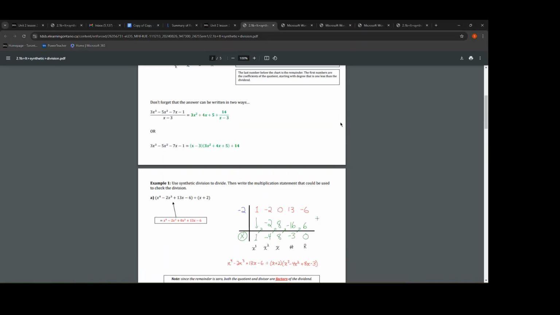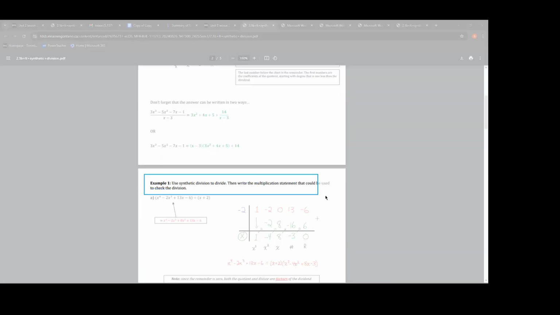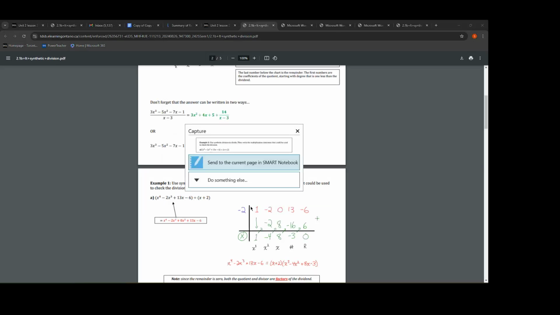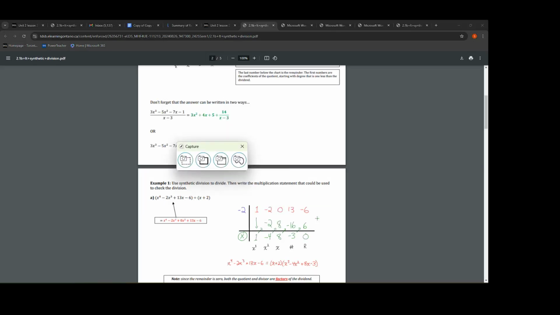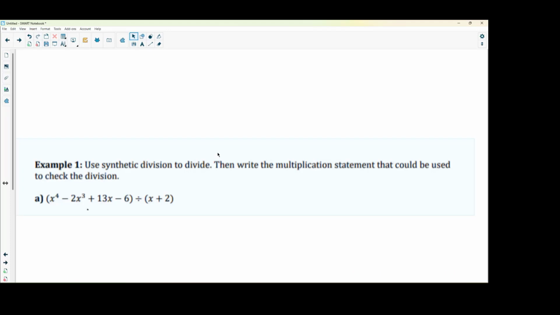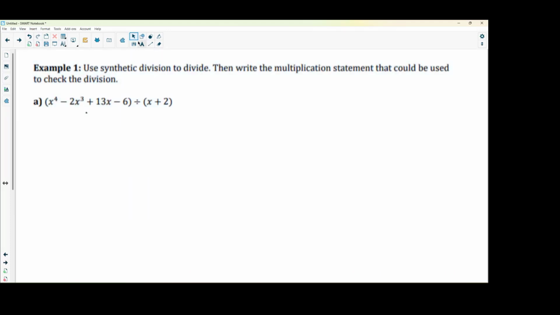Let's do example 1 now. Synthetic division. We make our chart and write our b value. Remember, x minus b. What's my b value?